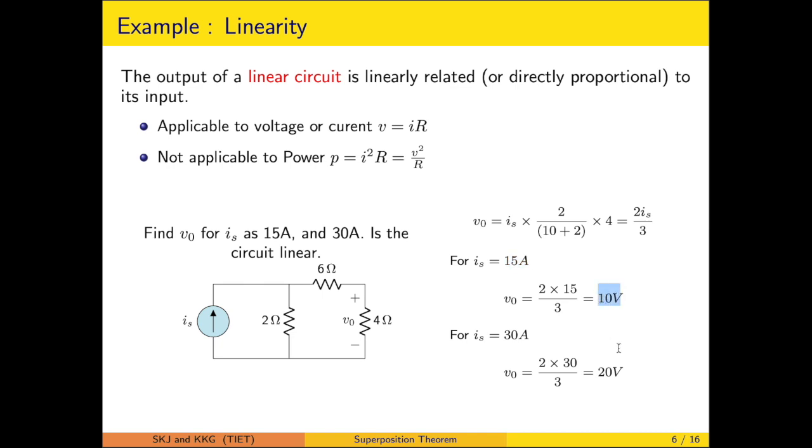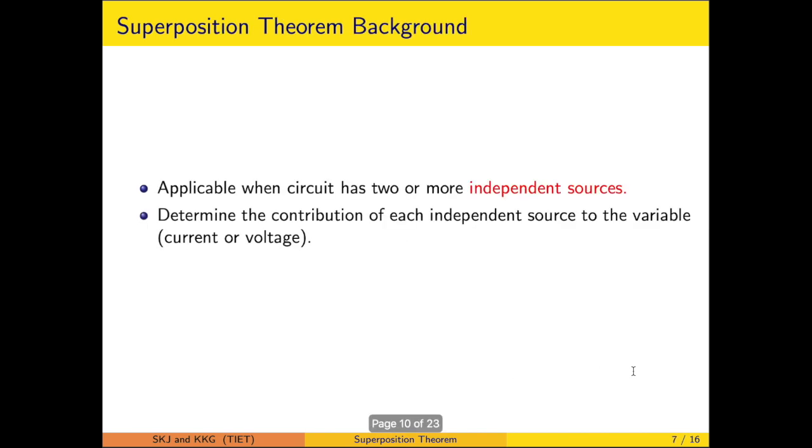Or, to look at the additivity property, you can say the first current is 15 ampere, the second current is also 15 ampere, correspondingly V1 is equal to 10 volt, V2 is equal to 10 volt, and when the combined input 15 plus 15, 30 ampere, is taken, then the output voltage is equal to V1 plus V2, which is 10 plus 10 equal to 20 volts. In that way you can say that the circuit is linear. With this background, we will be in a position to discuss the superposition theorem.